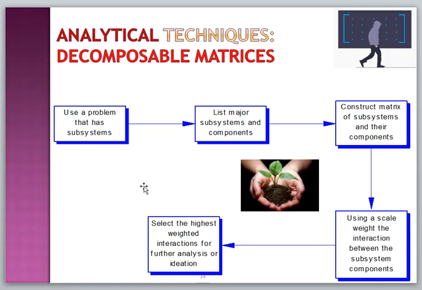So the first one is here. It's called decomposable matrices. It's a problem that you need to view in a big organization of a matrix, columns and rows. So define the problem, find the subsystems of it, okay, and then list these subsystems in a matrix. So construct a matrix of subsystems. These subsystems represent the columns of the matrix and the same subsystems as rows.